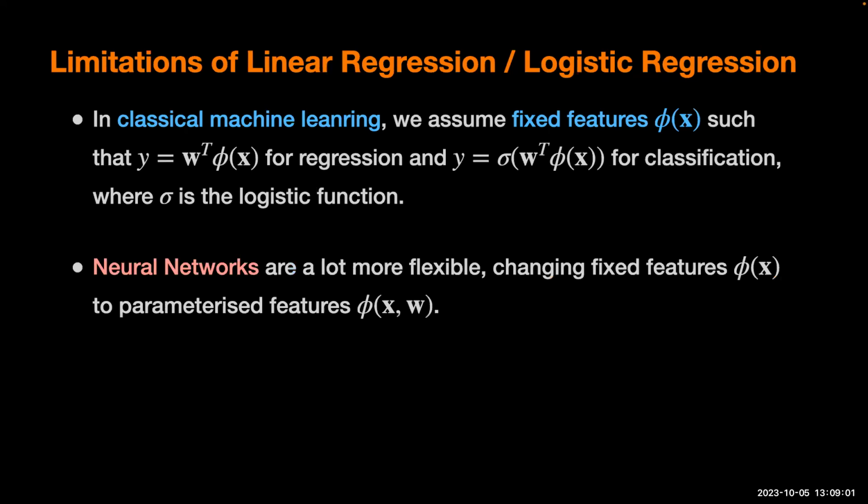And this is what the neural network wants to solve, which is to say, well, instead of just using this very restrictive explicit form, why not we just consider the feature itself as a learnable function, with some parameters.